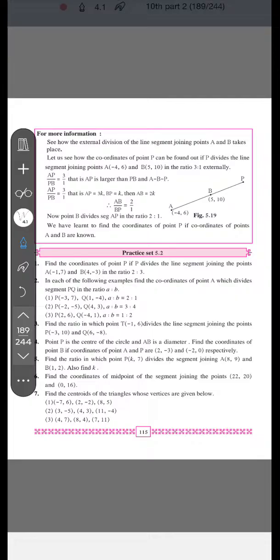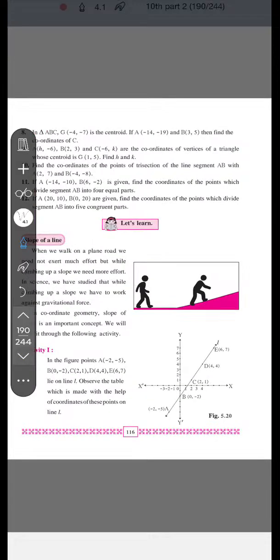Okay, number 11 and number 12. Let's read it first and visualize that. What does number 11 say?